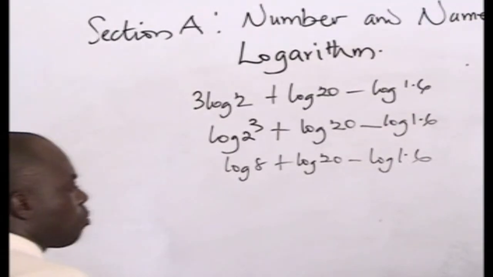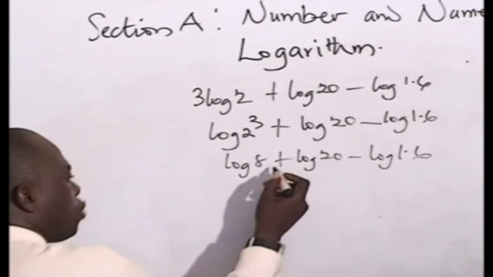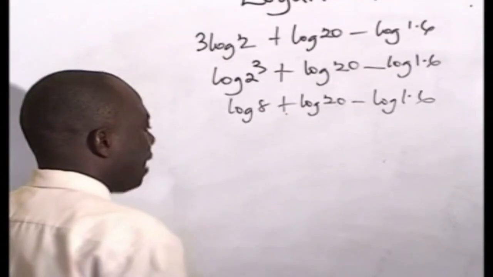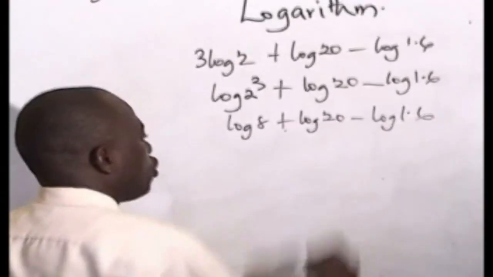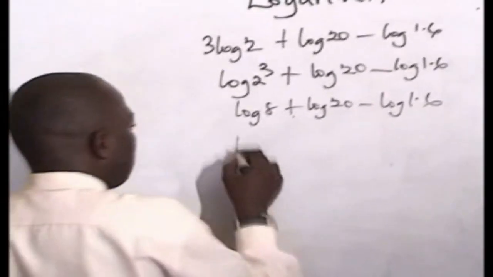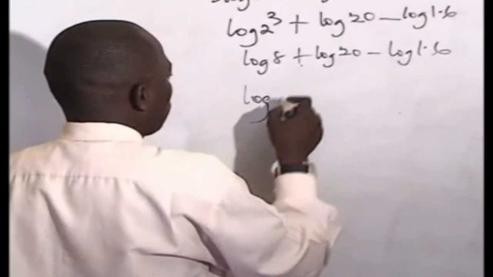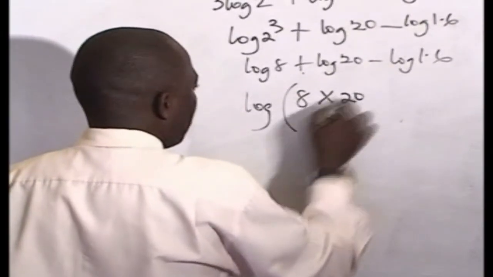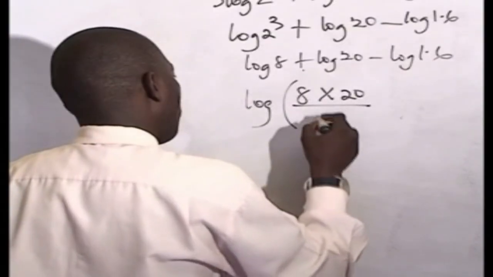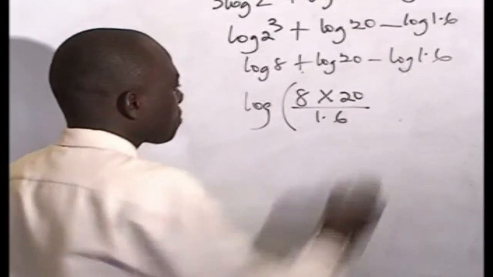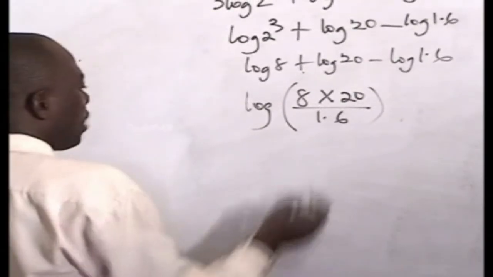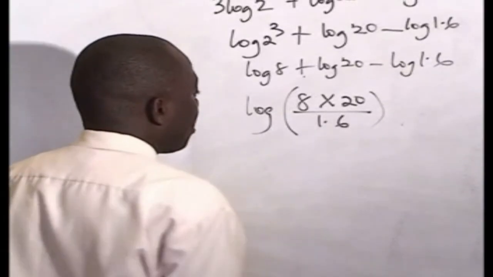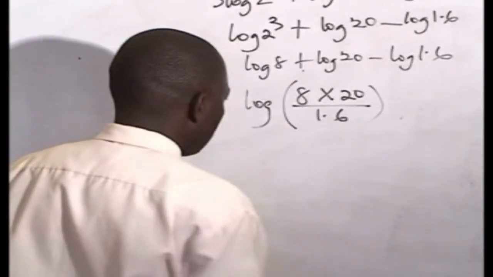Again, one of the laws of logarithm says when you are adding, you multiply. When you are subtracting, you divide. So we have the log, the base was not specified. So we have 8 times 20 divided by 1.6. And then you can express this decimal in fractions.